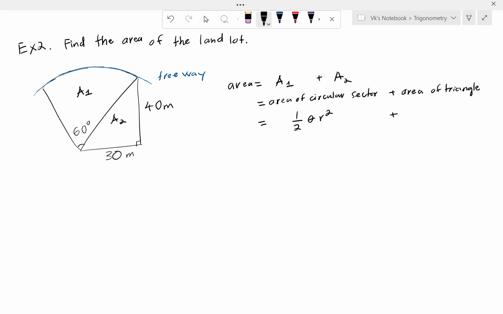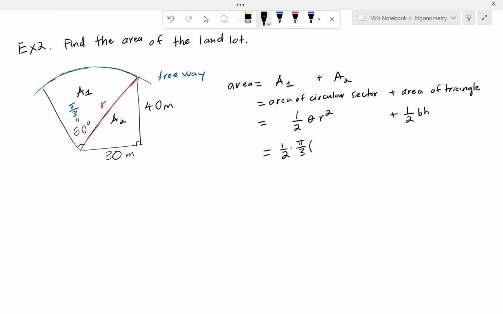Area of a triangle, half of base times height. Using the Pythagorean theorem, half of the angle theta is 0.3, because 60 degrees is the same as 0.3. We need the unit to be in radians.